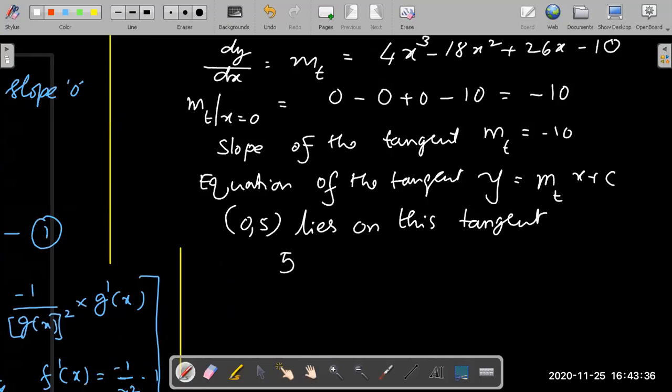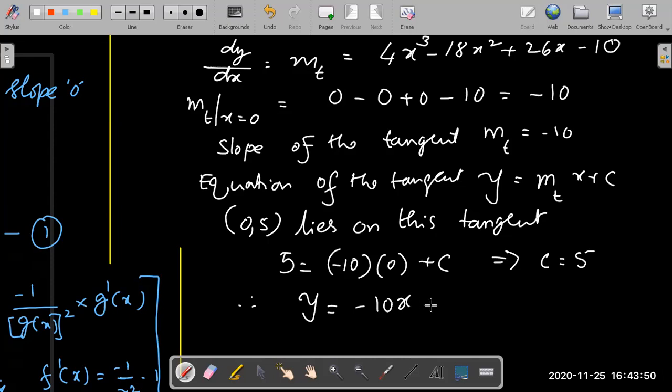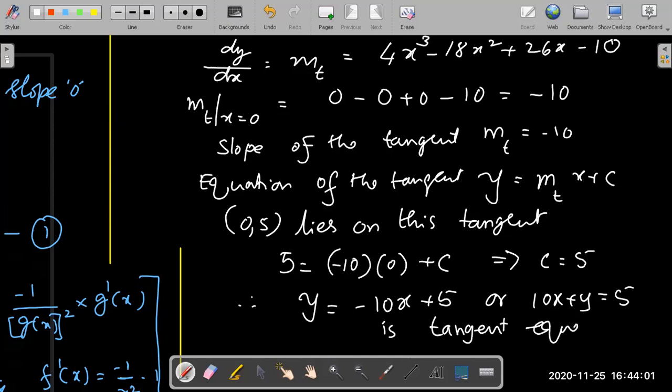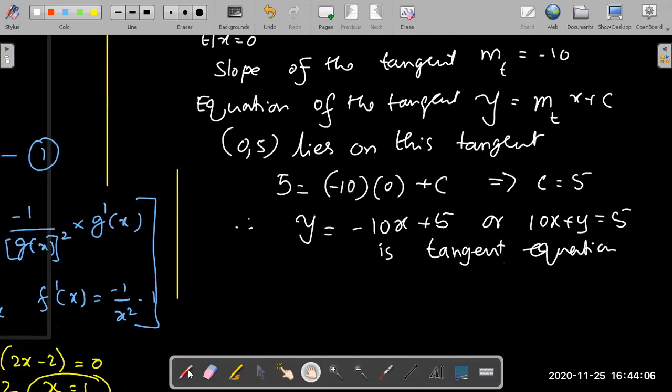So 5 equals minus 10 into 0 plus c, so c is equal to 5. Therefore, y equals minus 10x plus 5, or 10x plus y equal to 5, is the tangent equation.